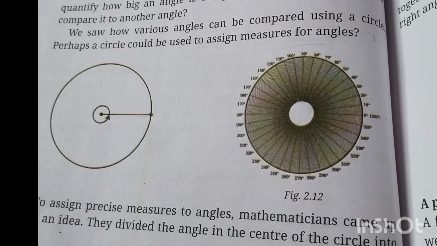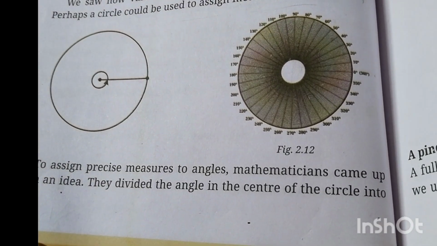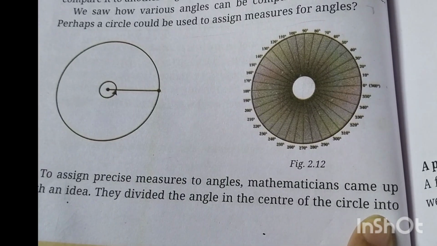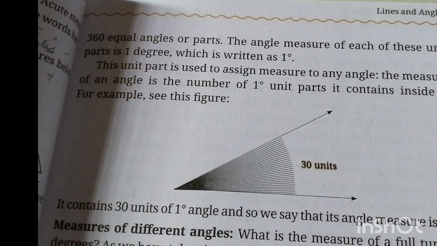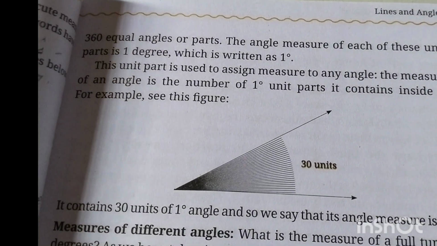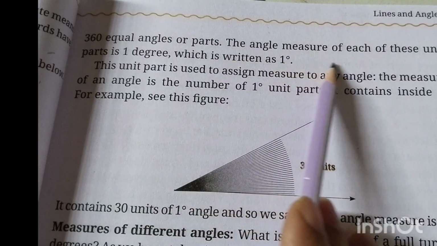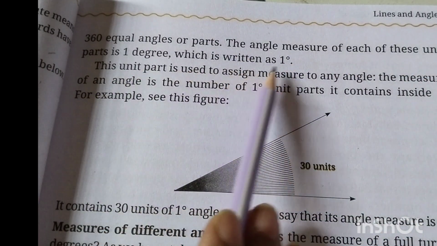To assign precise measures to angles, mathematics came up with an idea. They divide the angles in the center of the circle into equal parts, right? Look here how. 360 equal angles or parts. I have shown you the angle measure of each of these unit parts is 1 degree, which is written as 1°.